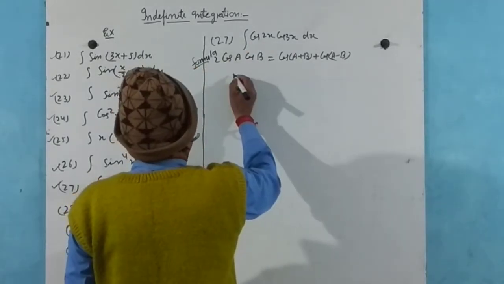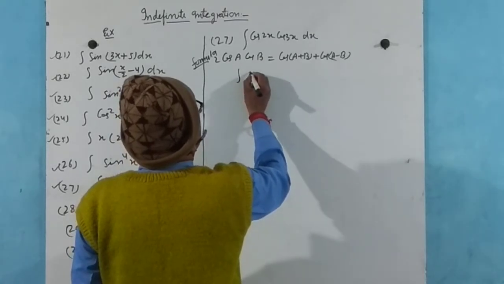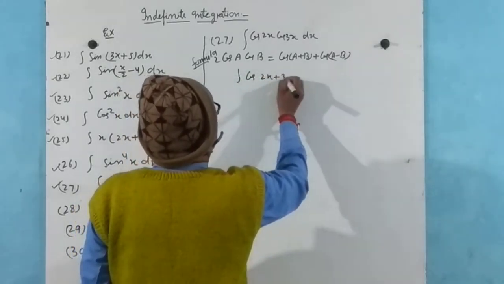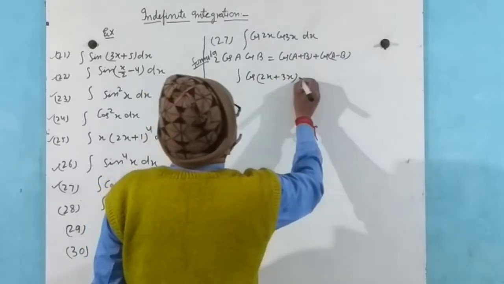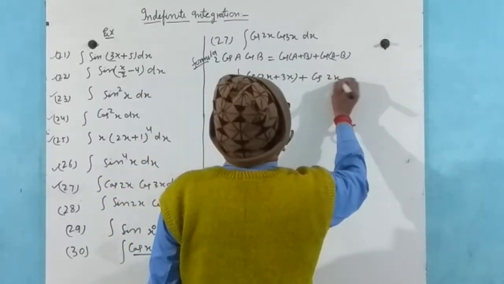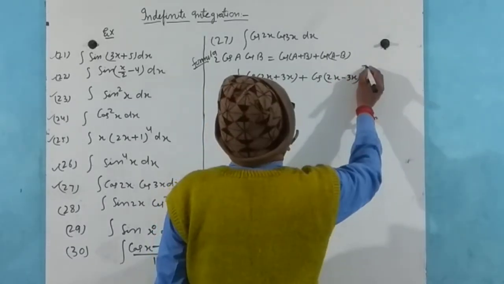Apply this here. Integration of cos(A plus B), 2x plus 3x, plus cos(A minus B), 2x minus 3x, dx.